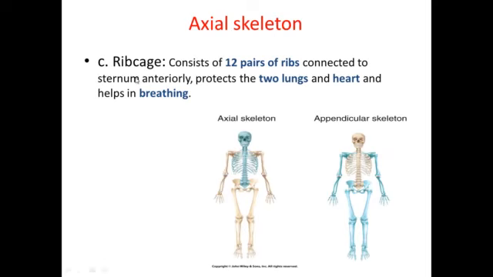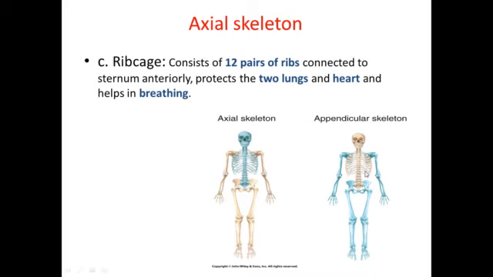Let's talk about the third part of the axial skeleton, which is the rib cage. The rib cage consists of 12 pairs of ribs, as we can observe in the following figure. Only 10 pairs of these ribs are connected to the sternum bone, and the last two pairs are not connected.